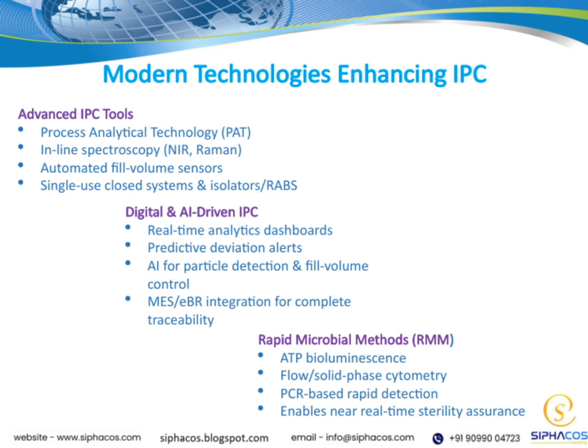Single-use closed systems, along with isolators and RABS, restricted access barrier systems, are also transforming our manufacturing environments. They help minimize contamination risks and improve overall process control. All these modern technologies are working together to strengthen our IPC systems, making them more robust, responsive, and reliable, ultimately ensuring higher quality and safety for our products.